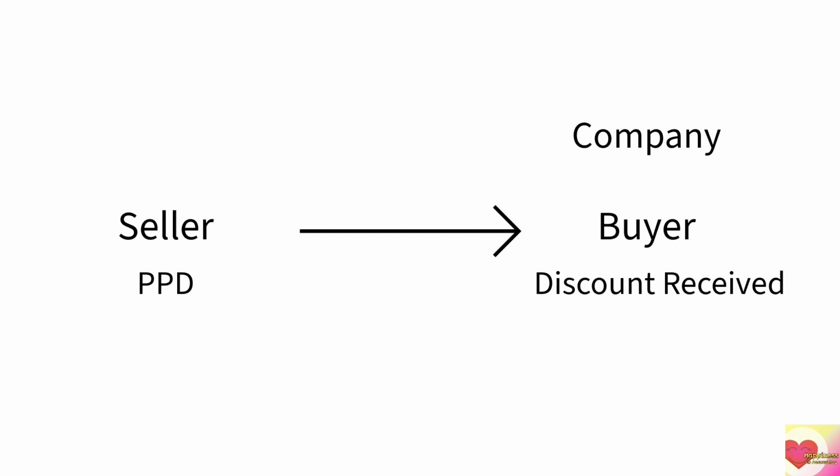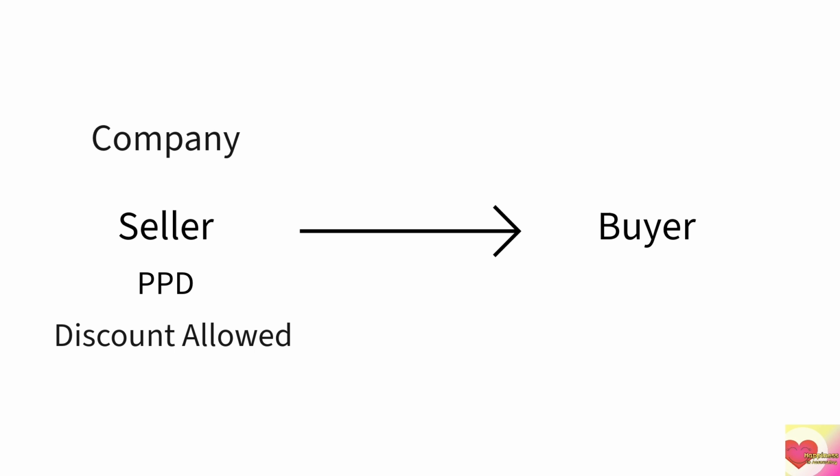So it means our company is the buyer. It also means our company is the one who made the credit purchases, and we have received discounts from those purchases. On the other hand, the discounts allowed means we, the company, allowed the discounts or gave the discount to our customer. So it means we are the seller.